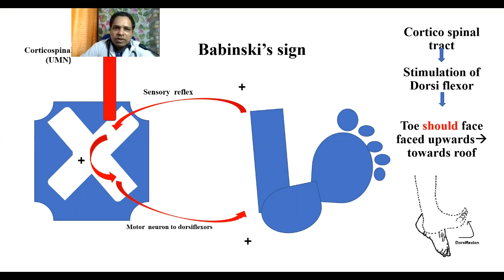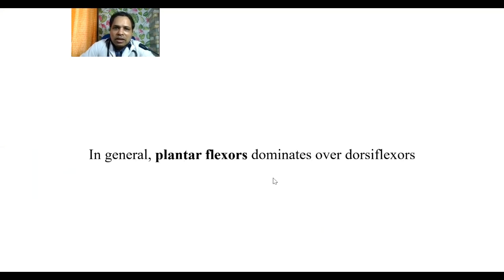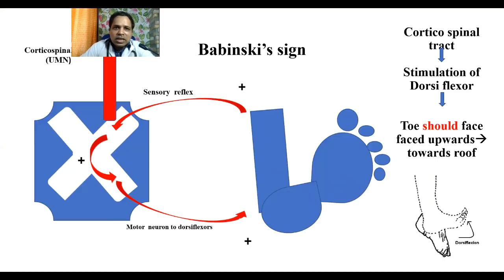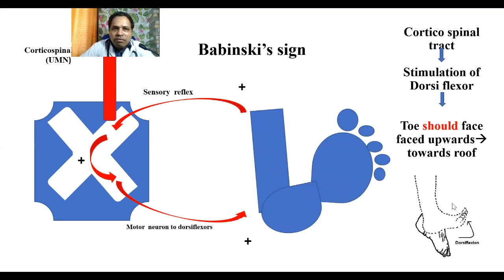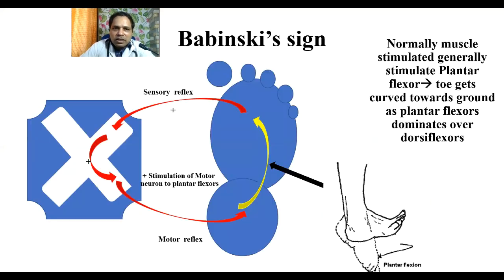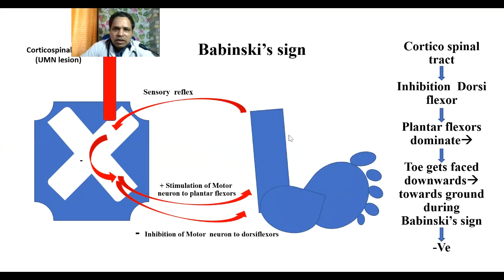That's what usually happens with a reflex, isn't it? But as I told you initially, in general, plantar flexors always dominate over the dorsiflexors. Whenever you initiate the impulse, it is going to dominate over the corticospinal tract, and still the toe is curved towards the floor, downwards. That's why plantar flexion.